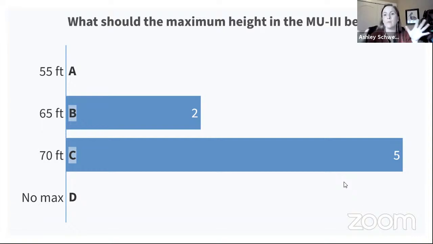The likelihood that we would see those two things immediately adjacent to one another is what comes to mind for me, rather than placing the MU3 next to something that already has a more dense height, like an RM2 could potentially have.